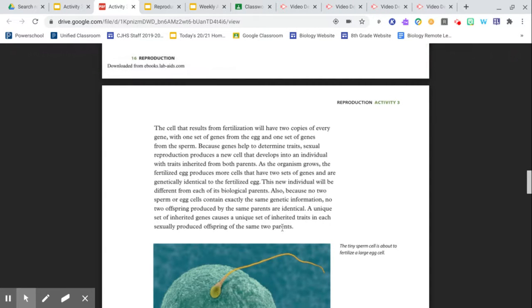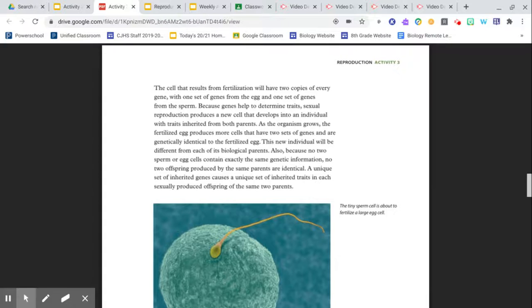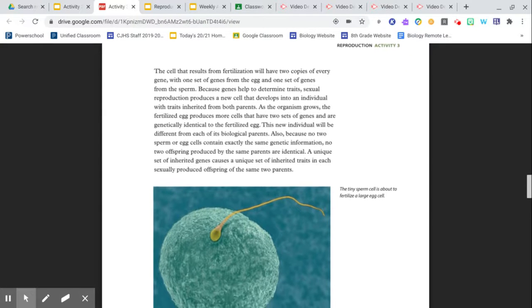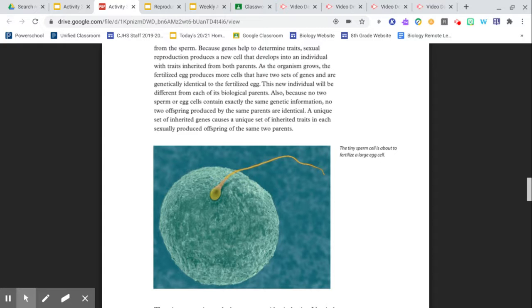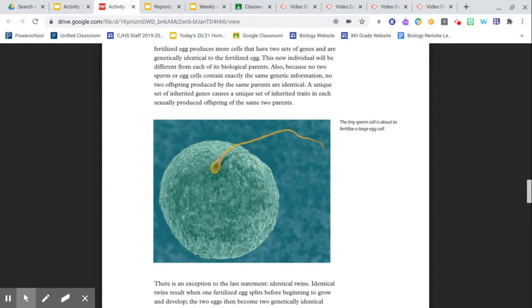This new individual will be different from each of its biological parents. Also, because no 2 sperm or egg cells contain exactly the same genetic information, no 2 offspring produced by the same parent are identical. A unique set of inherited genes causes a unique set of inherited traits in each sexually reproduced offspring of the same 2 parents.